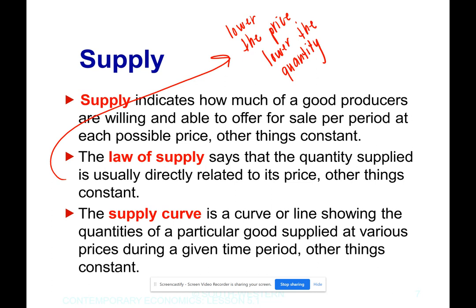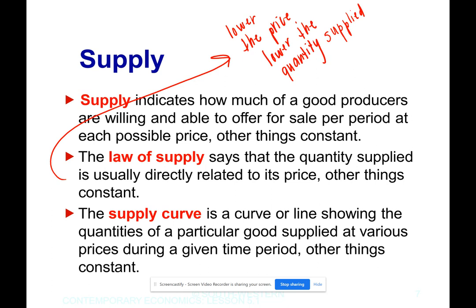However, when the price is lower, the quantity supplied is lower, right? What's the incentive for a supplier or a producer? The incentive for a firm to sell goods and produce goods is profit. So if you're not making a lot of money off of each individual product that is being sold, you're not really incentivized to produce more of it.